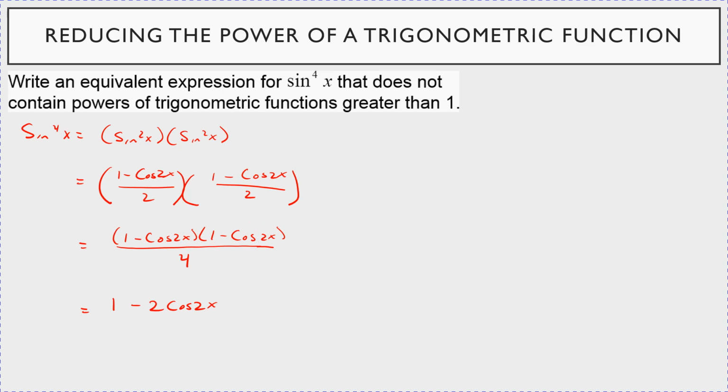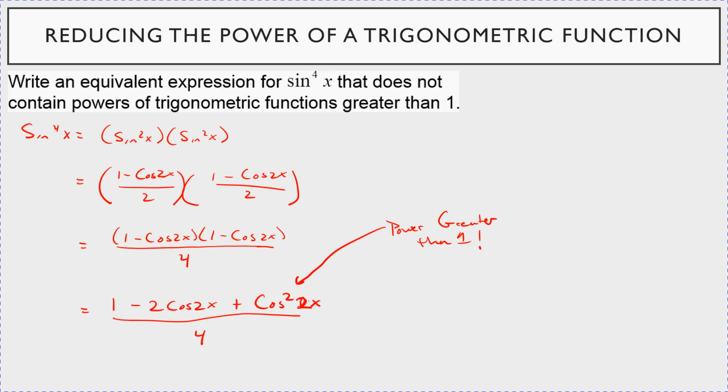Minus cosine of 2x times minus cosine of 2x gets me plus cosine squared of 2x. And this is all over 4. So look, I have a power greater than 1. So I've got to power reduce this cosine squared.